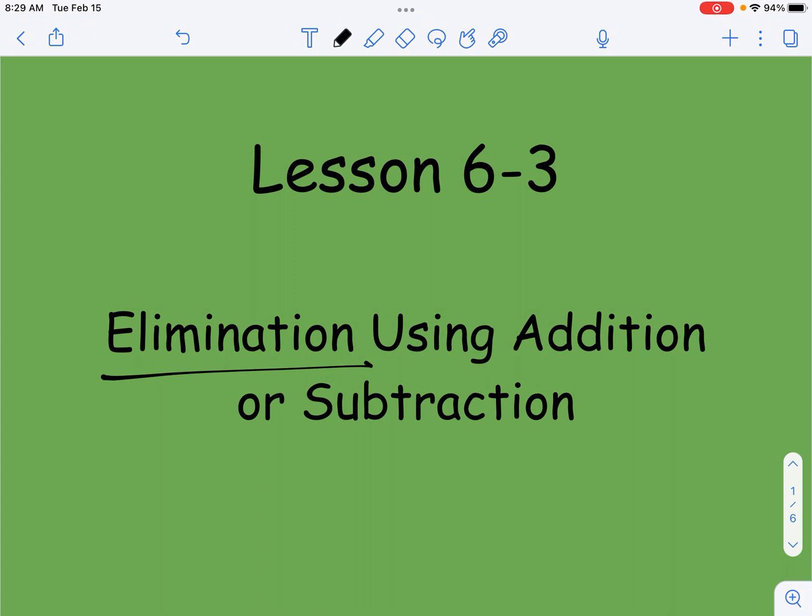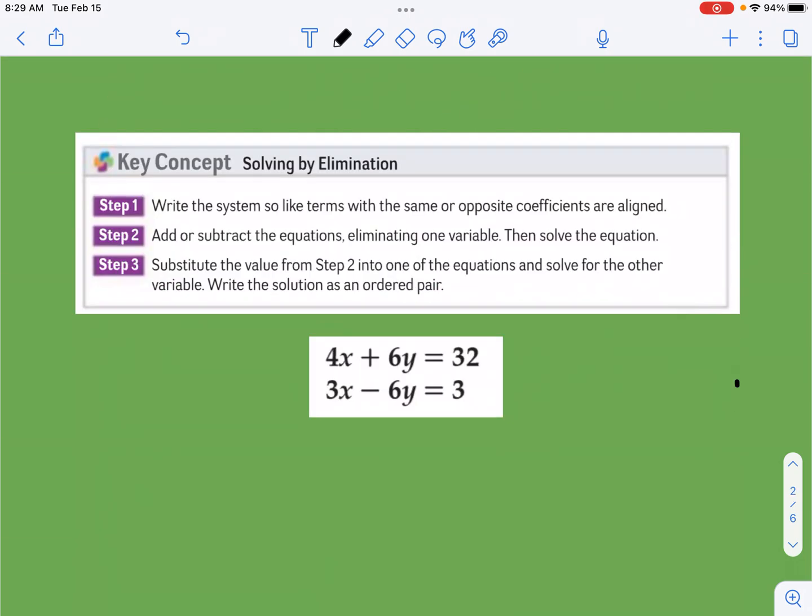We're going to start by looking at elimination using addition in this video, and the next video that goes with this will be using subtraction. So pretty much what it says up here is write the system so your like terms with the same or opposite coefficients are aligned. Basically just line everything up, right? Line up your x's and your y's, and if you do that, you're in good shape.